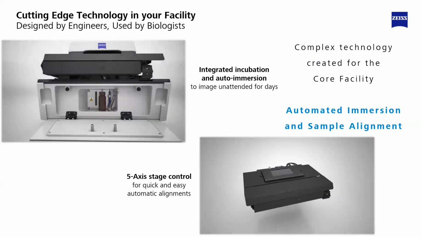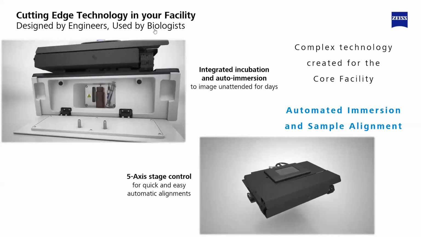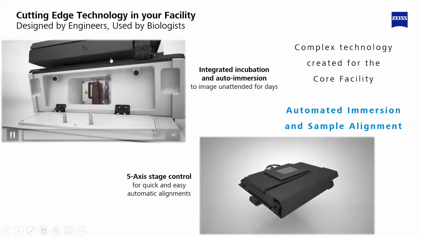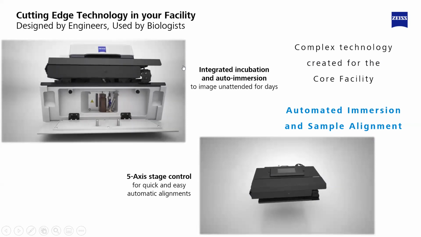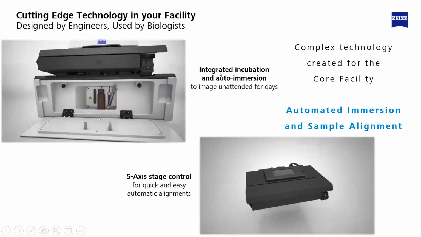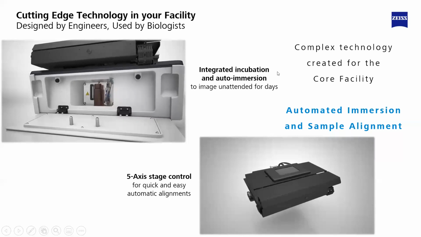We're back. So the Lattice Light Sheet 7 has an integrated incubation and auto immersion solution such that you can run the instrument after it's configured and leave it to run for days at a time.